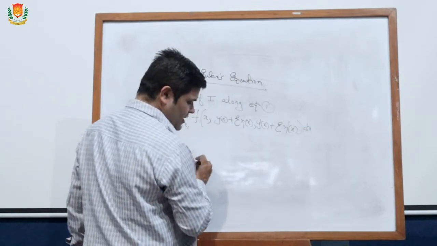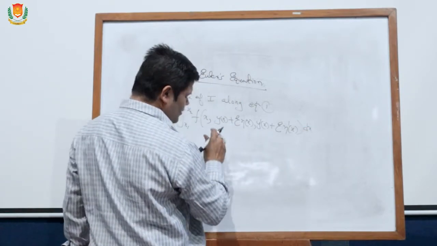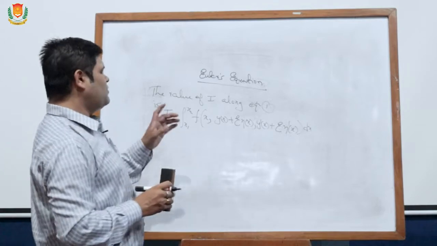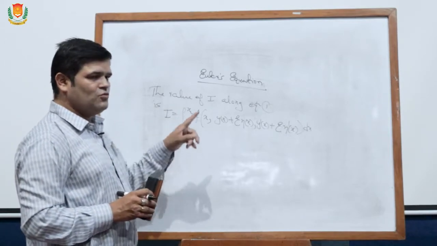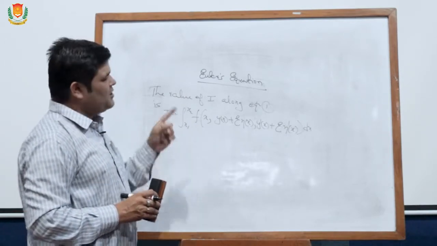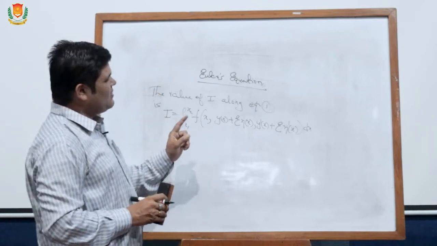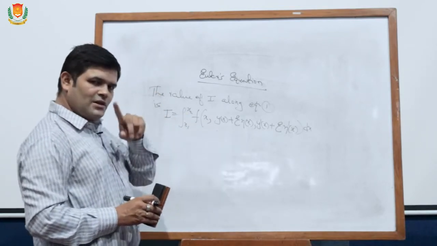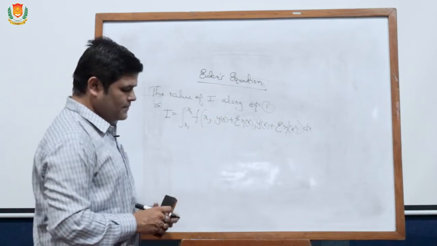We are not marking this equation. We put the value y equals y of x plus epsilon eta of x in the functional, and we get this equation.